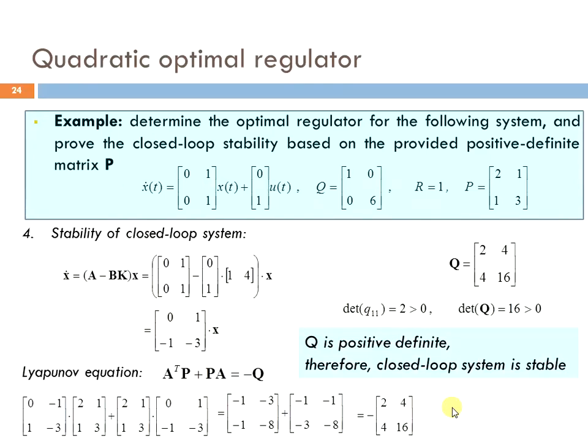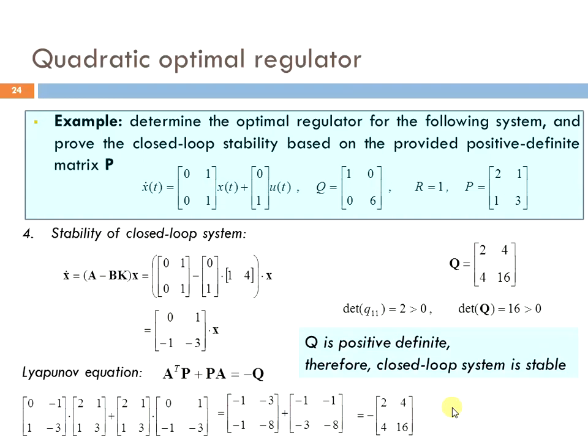Normally we find only one P that is positive definite and satisfies the reduced matrix Riccati equation. Then we use that to calculate the optimal state feedback gain matrix. Then, if the question specifies it, we also need to check that the closed loop system is stable.